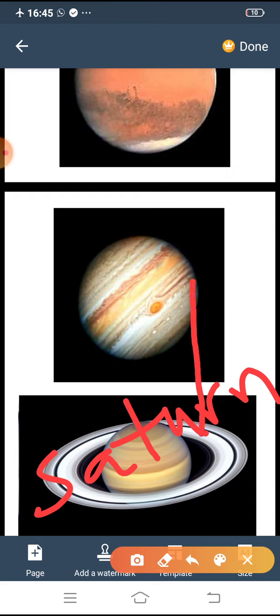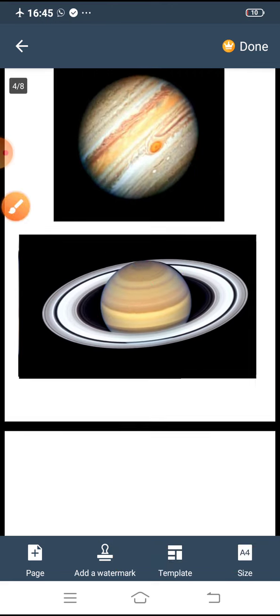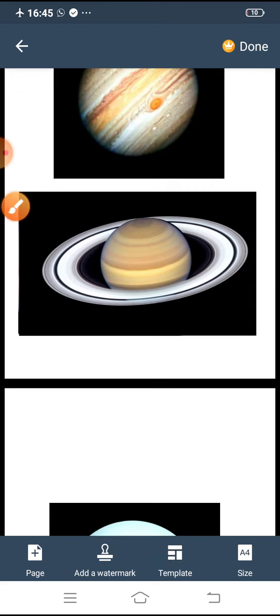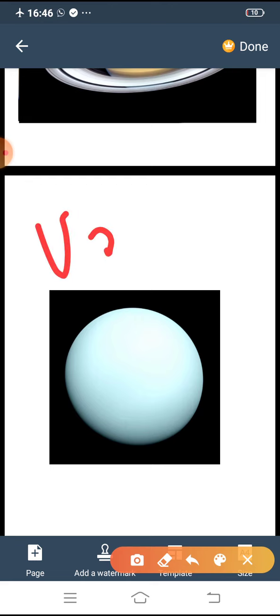Then we will go to Uranus. It is the seventh planet from the Sun and William Herschel first discovered it in 1781.